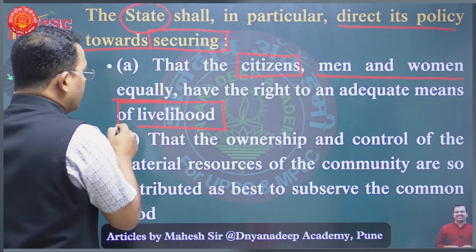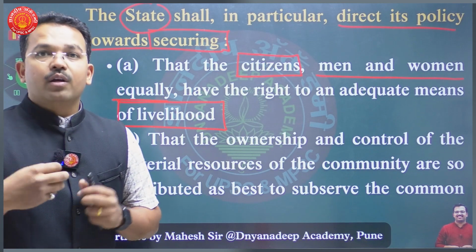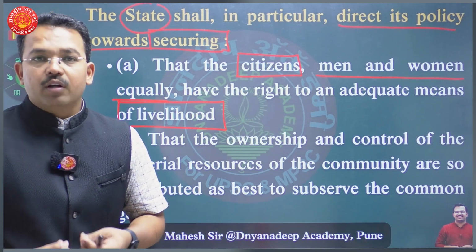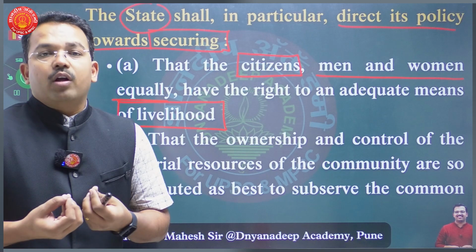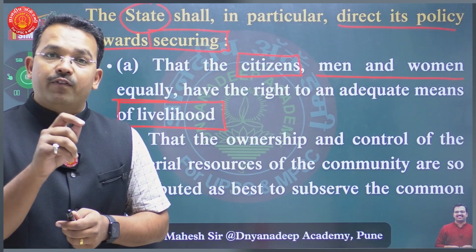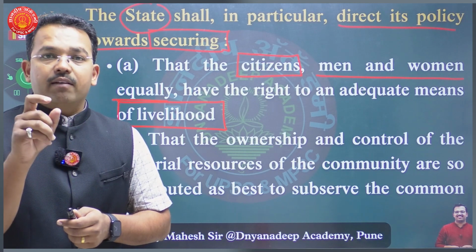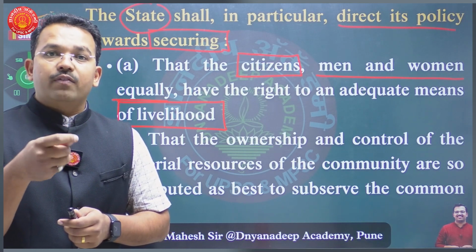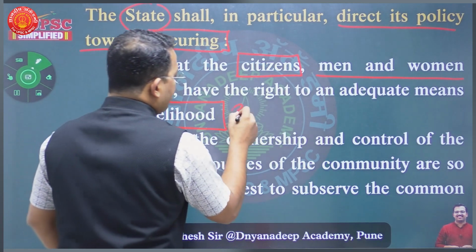What is livelihood? It is the means to live, to have food, shelter, and all your basic necessities. So it shall be the duty of the state to provide every citizen, all men and women equally, means of livelihood, that is, to provide employment opportunities.